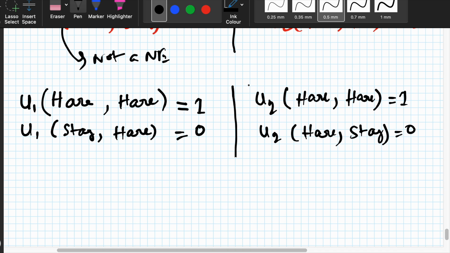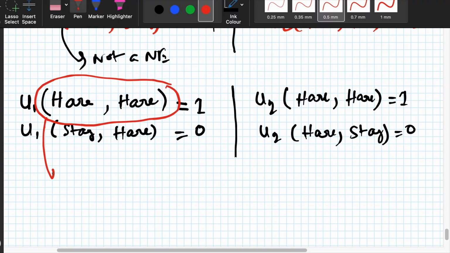So player 2 also has no incentive to change her strategy unilaterally. So this strategy profile is a Nash equilibrium, since no player has any incentive to change her strategy unilaterally. So this is also a Nash equilibrium.